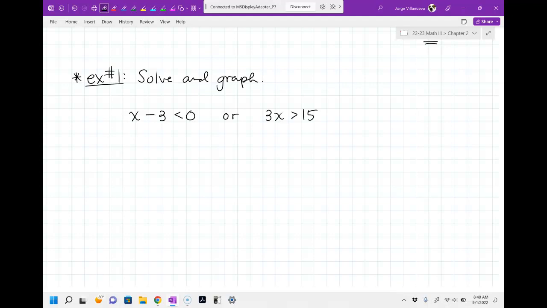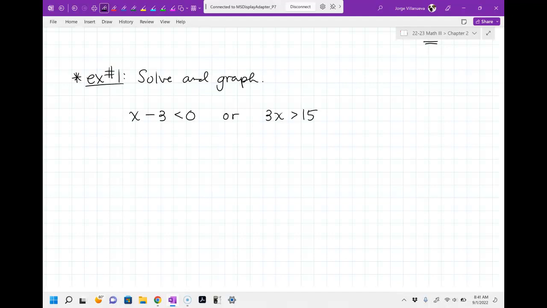So it's not like, oh my gosh, is it an and or an or? You can totally tell that this is an or problem because it literally says or. It's not a mystery. So that means that when I draw my graph, my answers should be pointing in opposite directions, not towards each other. That's what I'm looking for.